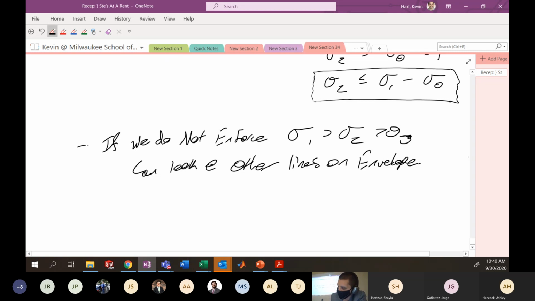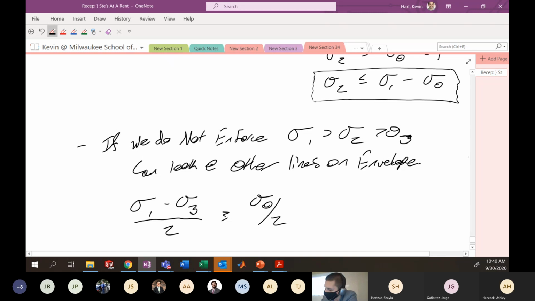If we don't enforce this to be true, then we could have something like sigma 1 minus sigma 2, sorry, minus sigma 3 on 2 greater than or equal to sigma 0 on 2 is one of our lines.